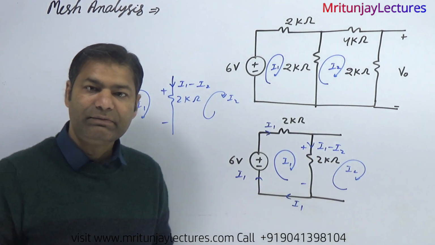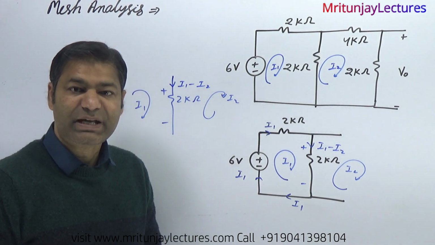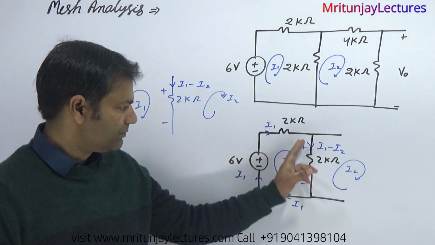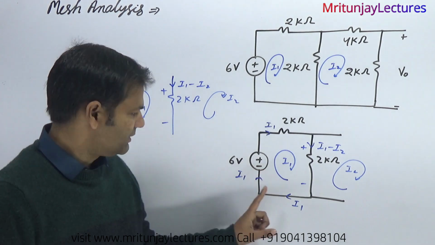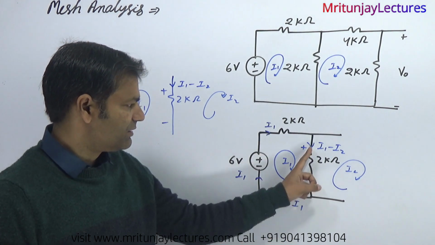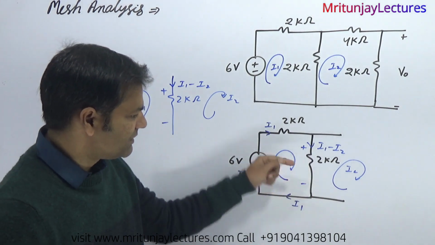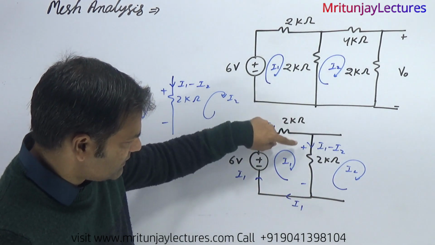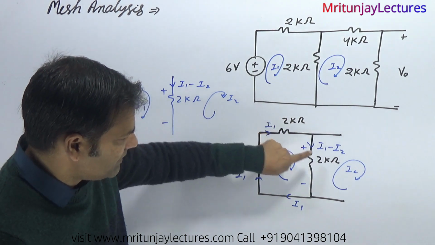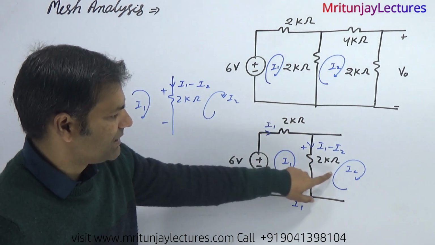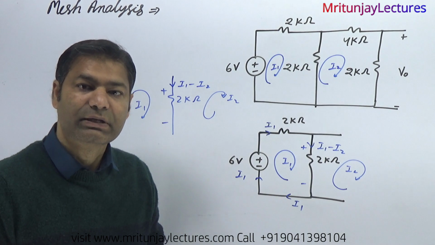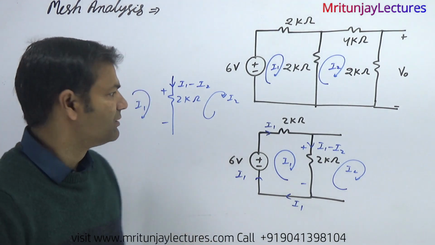Before applying KVL, first of all decide the branch current in this loop. Clear? I1, but in this branch I1 minus I2. I1 is stronger than I2, that's why the direction we have considered is I1 dominating I2, I1 minus I2, direction of this one.